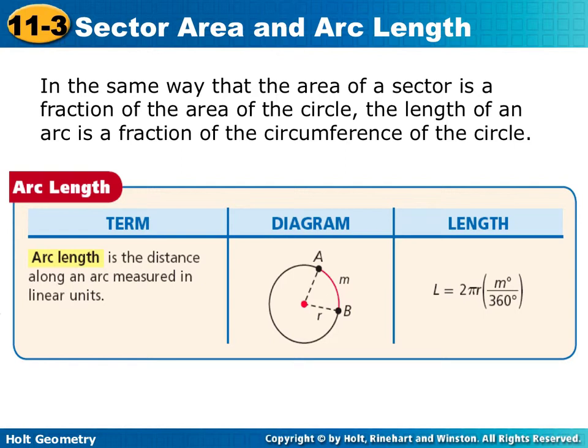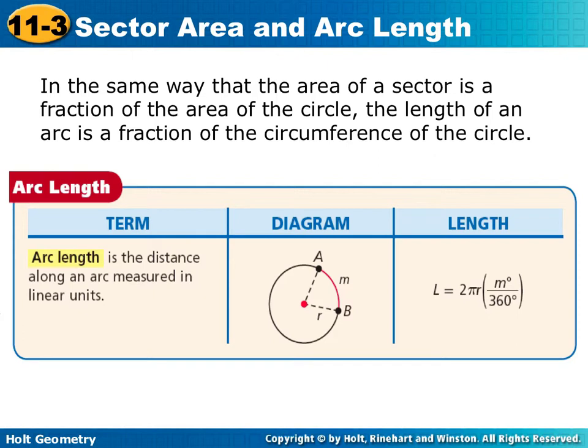How many centimeters? The whole circumference of a circle, one formula was 2 pi r. Multiply that by the fraction of the circle that we want, and that gives us the length of just that arc. If we did the fractions pretty good earlier, this will be another one that we can do easily.